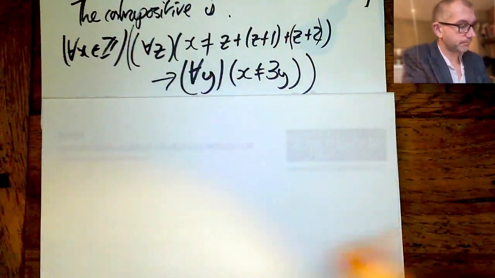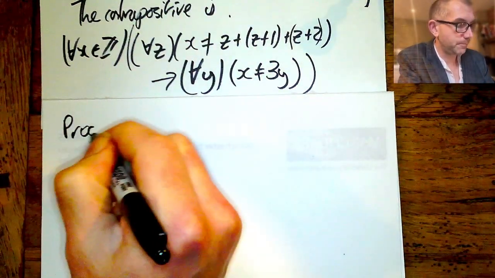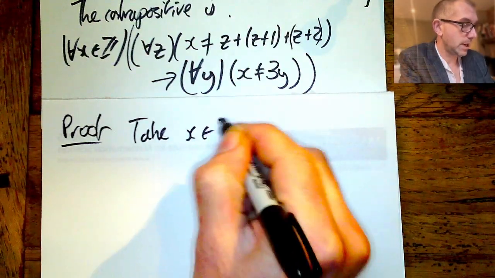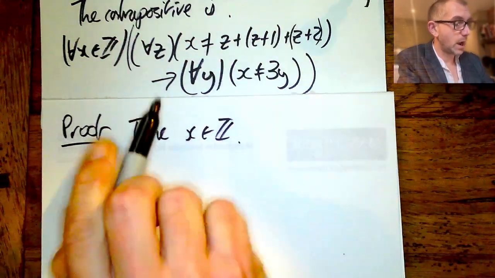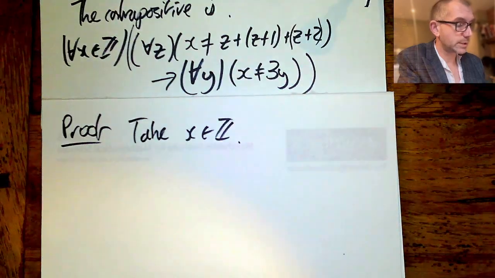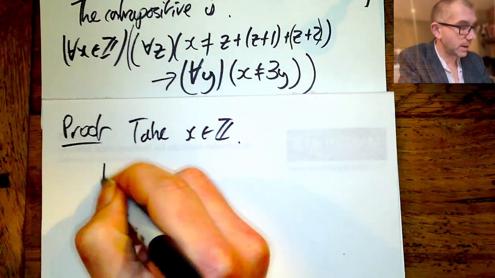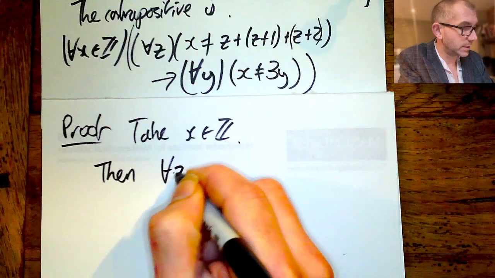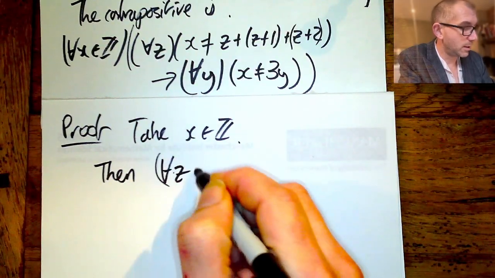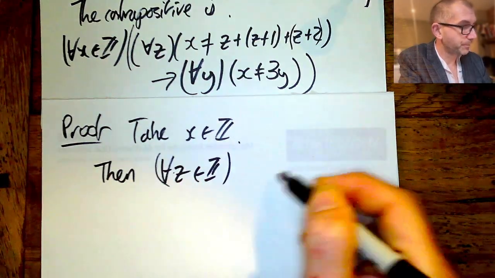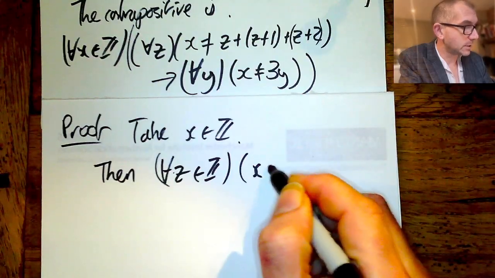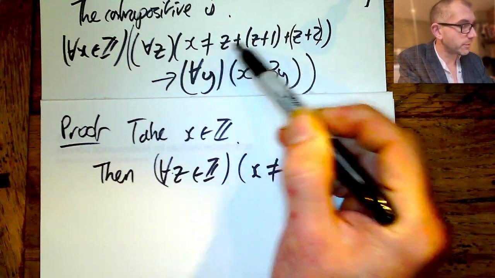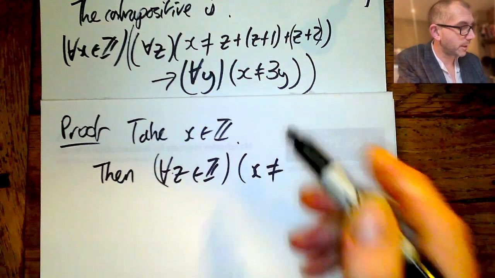So, proof. Take x in Z. And then we're saying that for all z in Z, this is not true. So then, for all z, an integer again, x is not equal to... I'm just going to simplify this statement because I've got 3 z's here and then 3.